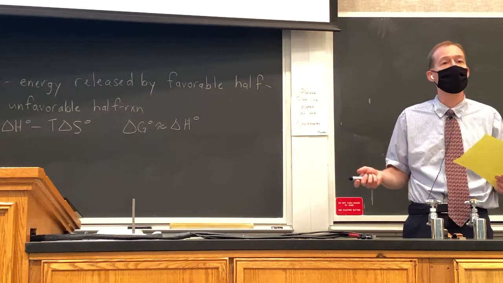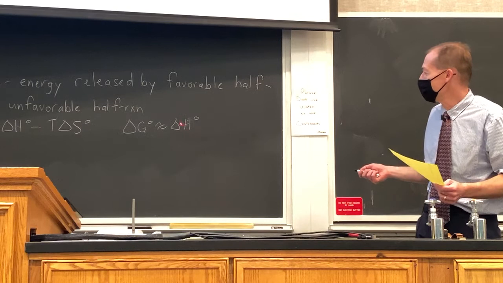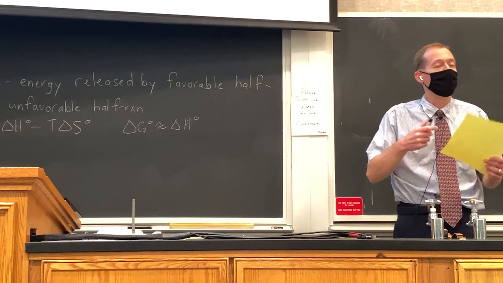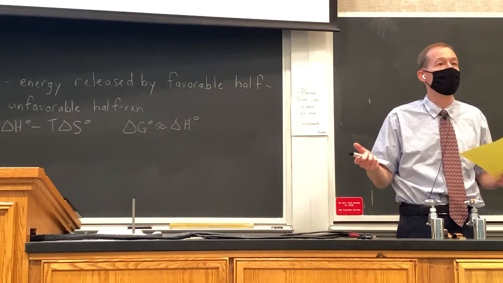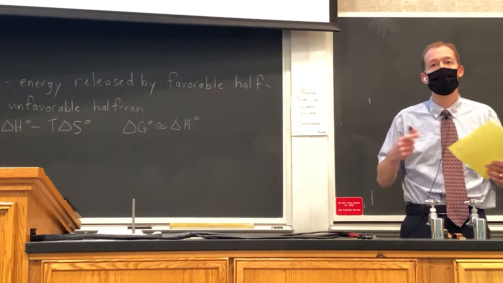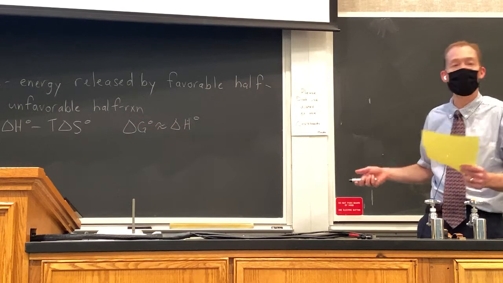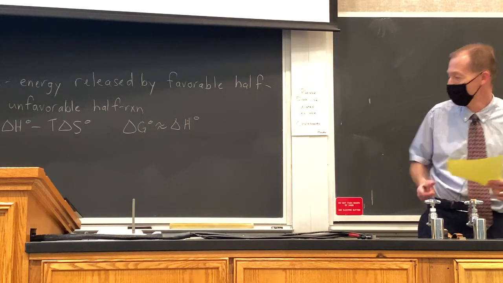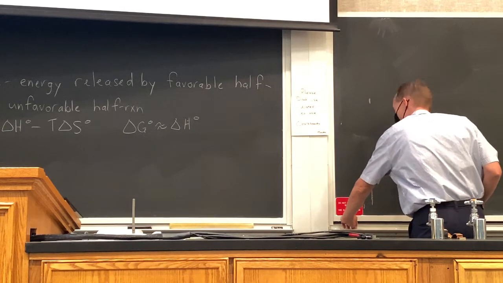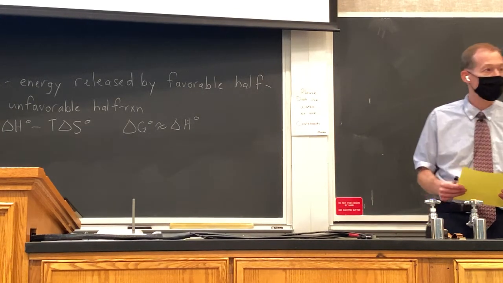So for most organic reactions, we can say that delta H, or enthalpy, is roughly equivalent to Gibbs free energy. Okay, so in most cases, we will equate these two terms. We'll use delta H and delta G interchangeably, because they will be equivalent or close to it in most cases.